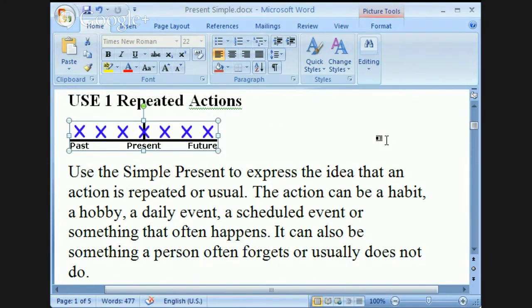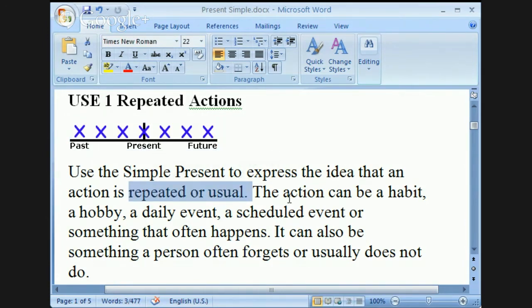It doesn't have to be happening right at the moment, but this repeated action has happened in the past, and notice the blue X is in the future. It's probably likely to be an action which will continue to be repeated in the future. So it is repeated or usual. For example, things like habit.